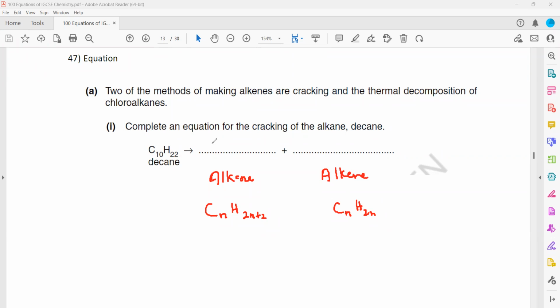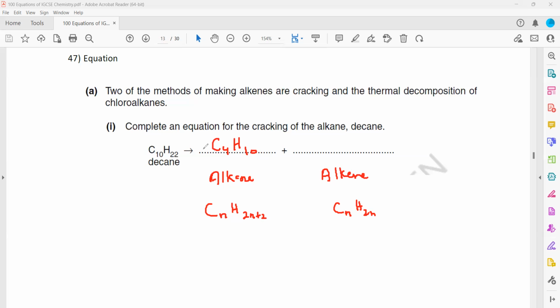There are 10 carbons, so it is up to you; any combination you can select. For example, if you select C4 and want to make an alkane, the number of hydrogens should be twice plus 2, so it should be C4H10.